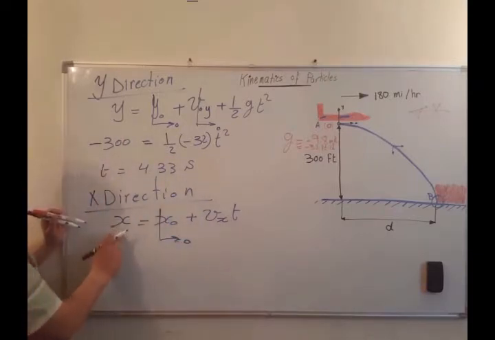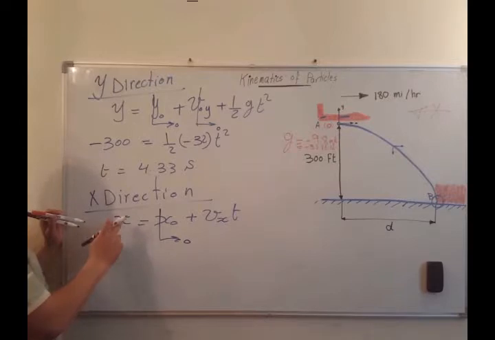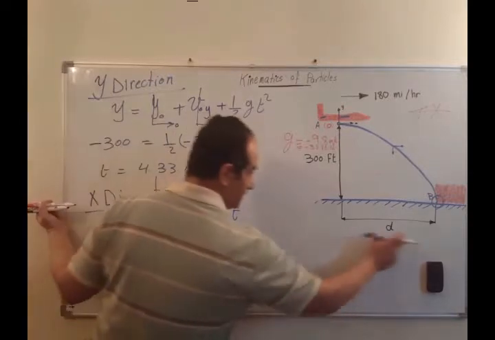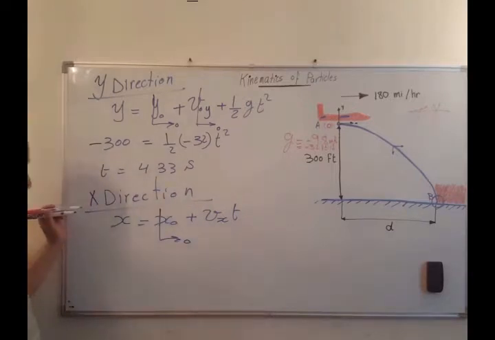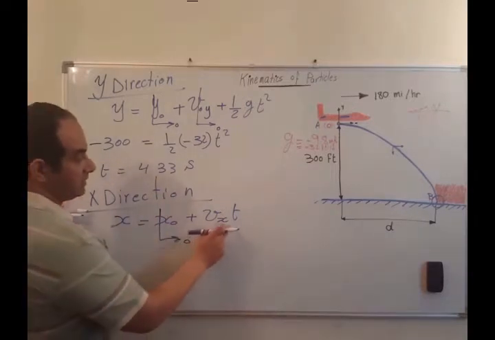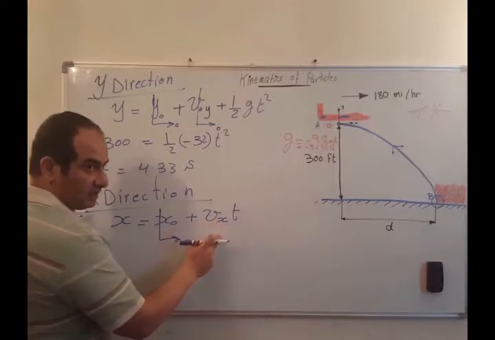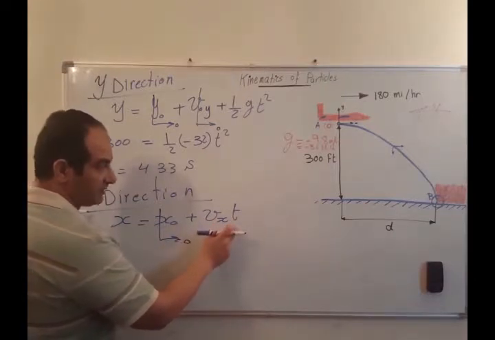That means x, the final horizontal displacement d, equals the horizontal velocity of the particle times t.